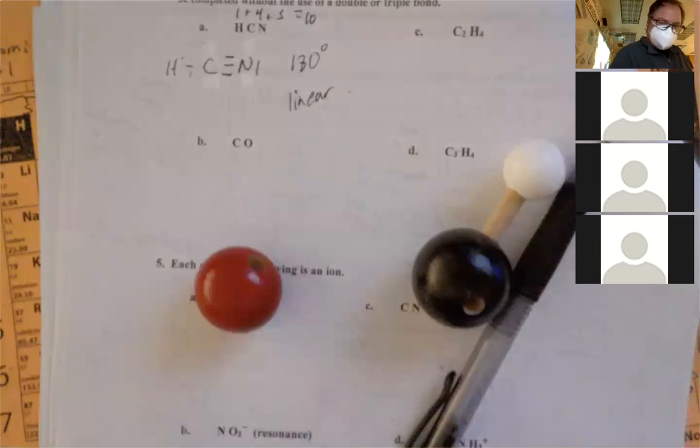I've been making some of these with models. Let me make one of these with the model. So there's our hydrogen and our carbon, right? And here's our nitrogen.